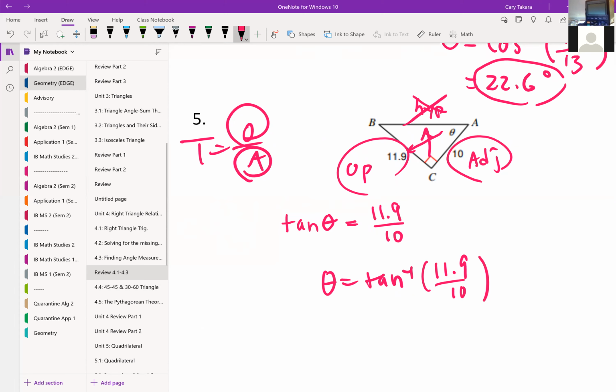To do the inverse tangent, for my calculator I have to press second and the tangent button, because just right above tangent, do you see tangent and -1? Very good. Thank you, Elizabeth. So I go second and then tangent.